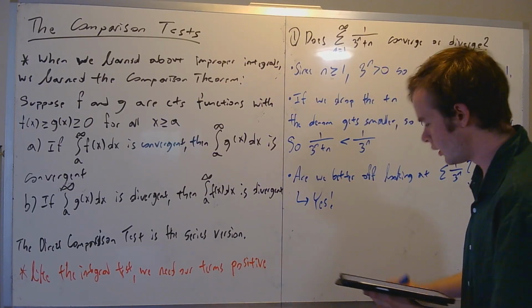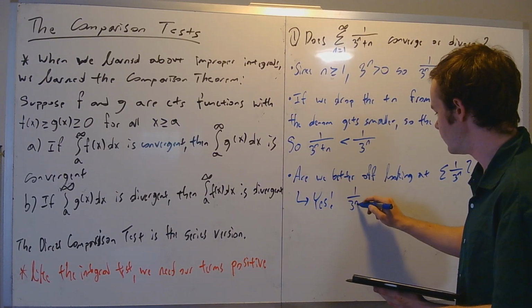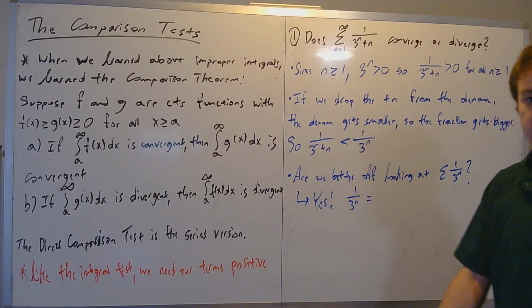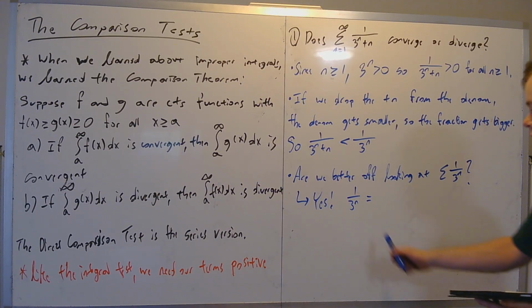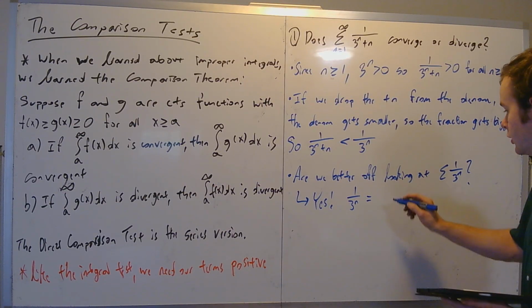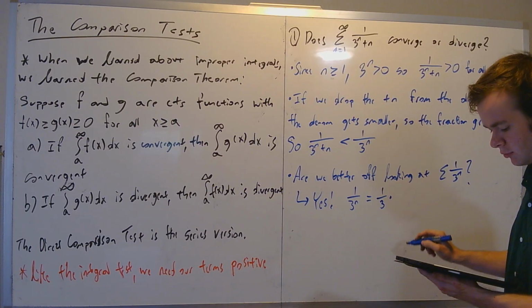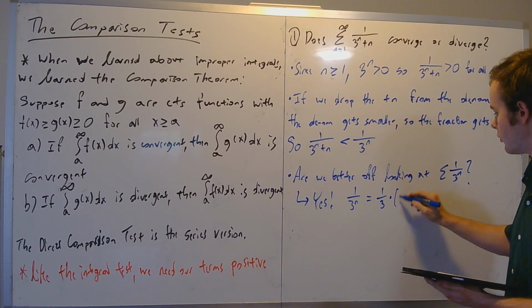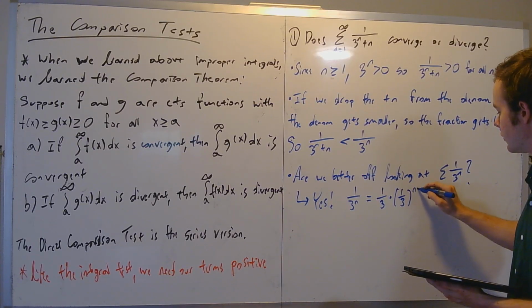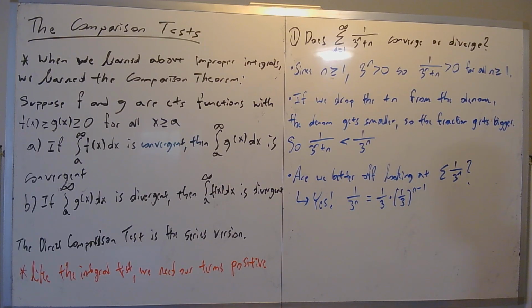And the reason for that is that 1 over 3 to the n, if we want to try to rewrite this as a geometric series, remember this power needs to be n minus 1. So we can rewrite this as 1 over 3 times 1 over 3 to the power of n minus 1. Right? We can just pull out one of the copies of 1 over 3.